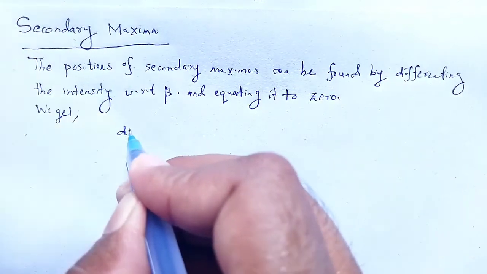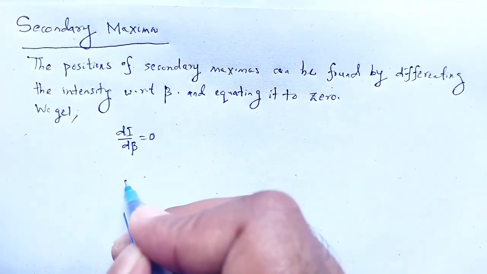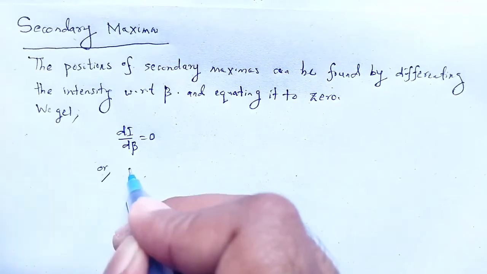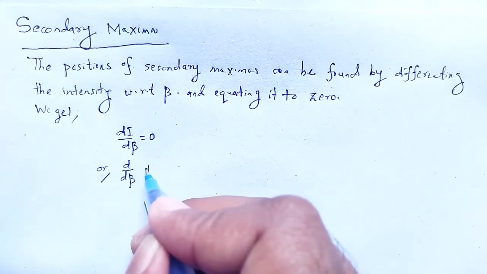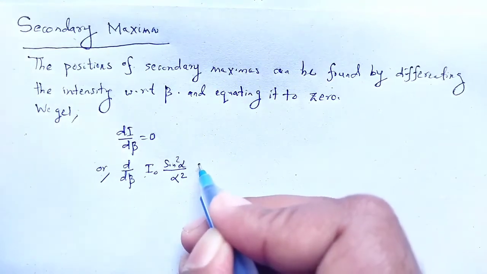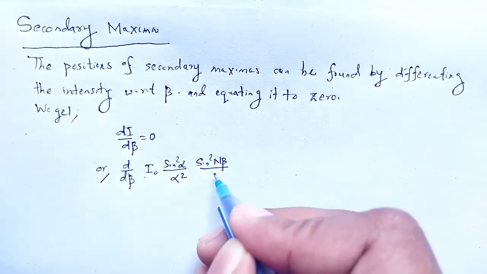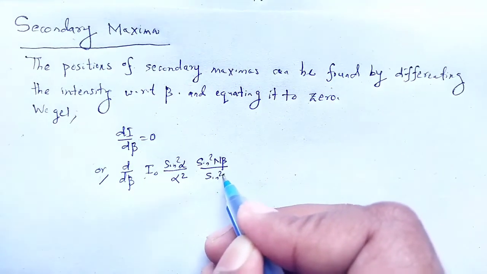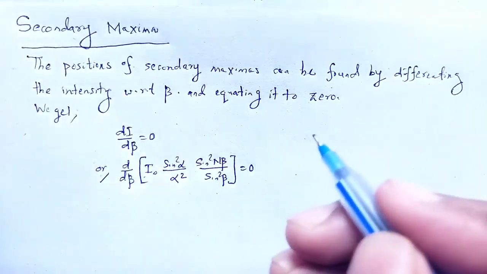So, dI by d beta is equal to 0, or d by d beta of the intensity I naught sin square alpha by alpha square, sin square n beta divided by sin square beta, is equal to 0.